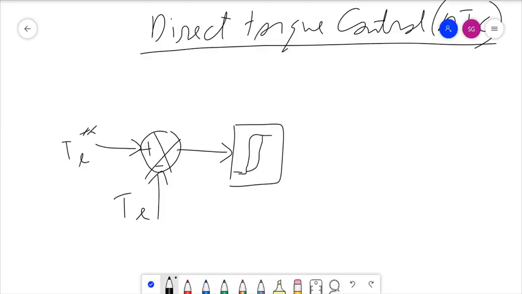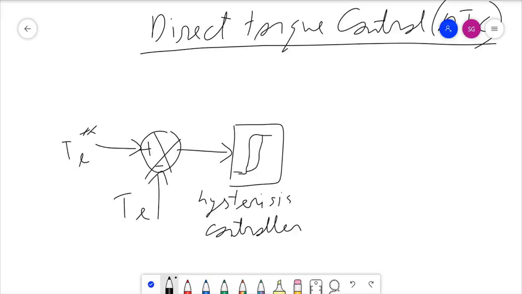This hysteresis controller is quite different from your PI controllers. The frequency of the switches is not fixed; they vary, and there is a band in which the torque is controlled. Means there is a band around the reference signal in which the torque is to be controlled.